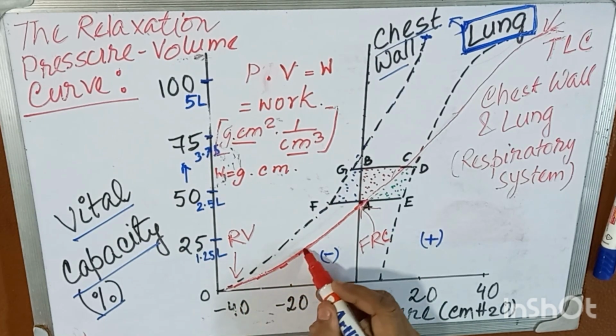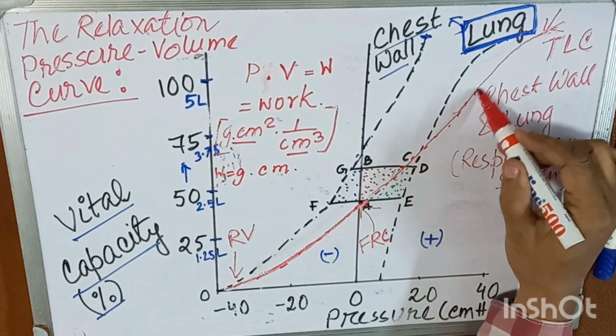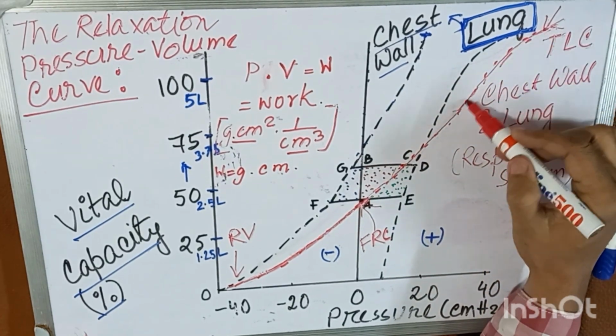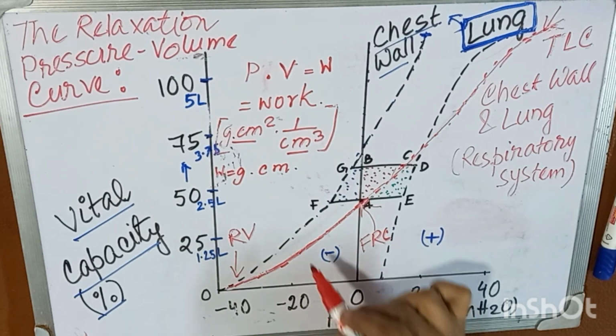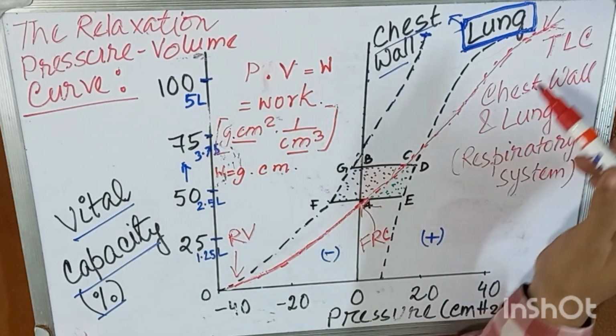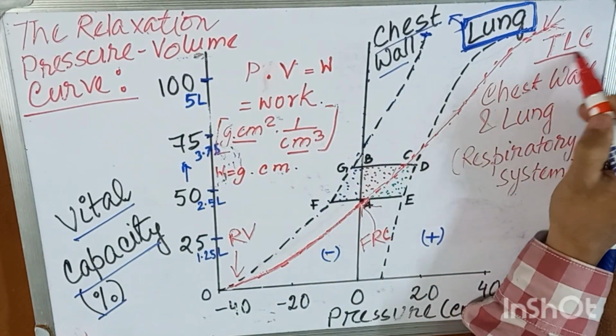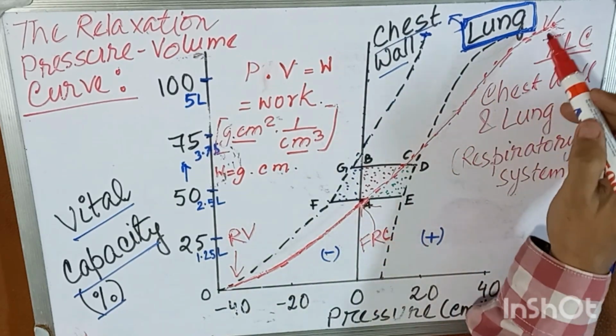This curve is that of the total respiratory system. The total respiratory system means the lung as well as the chest wall inside our body, as humans respire. So this is the total lung capacity, the highest volume.